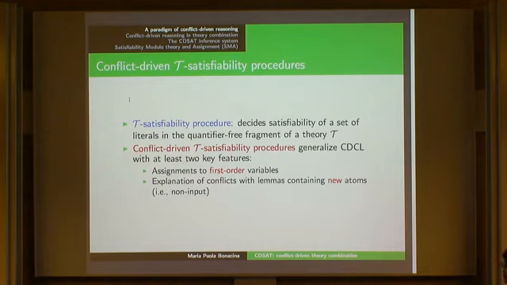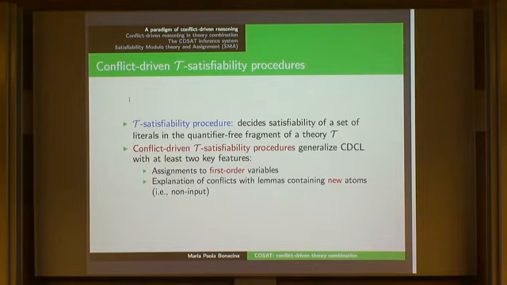Now, all these procedures that I had on the previous slide are satisfiability procedures in the sense that they decide the satisfiability of a set of literals in the quantifier-free fragment of a theory T. They have 2 key features that are significant extensions, of course, in order to do theory reasoning with respect to the propositional paradigm represented by CDCL.